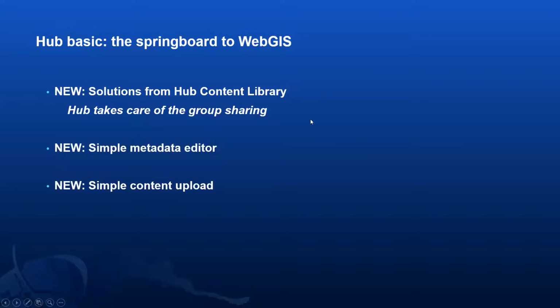Okay, so Hub Basic, we're starting to look at this as the springboard to WebGIS. And I really like this metaphor because the ArcGIS Online website and your ArcGIS Online landing page seem fine to GIS professionals, but you link somebody in there, say off your town's website or your county's website, and it's like, okay, what is this?